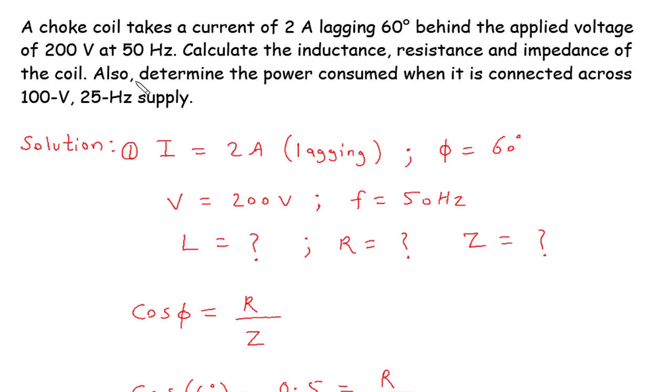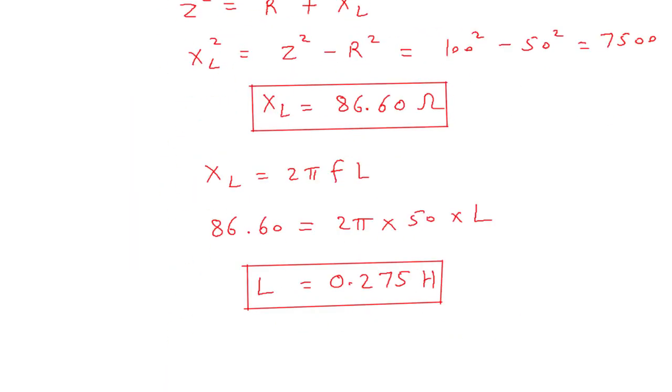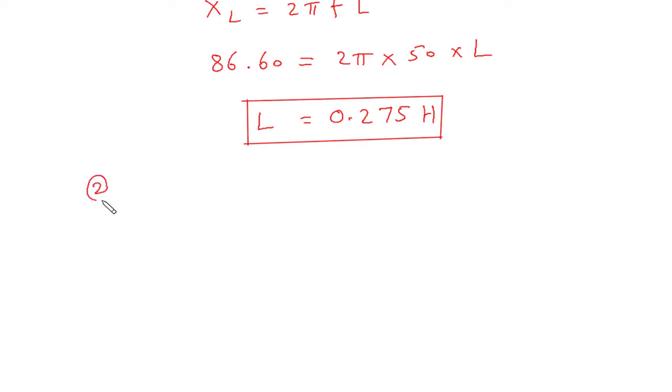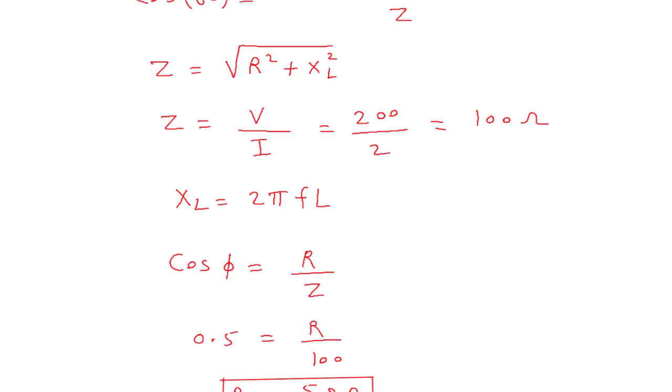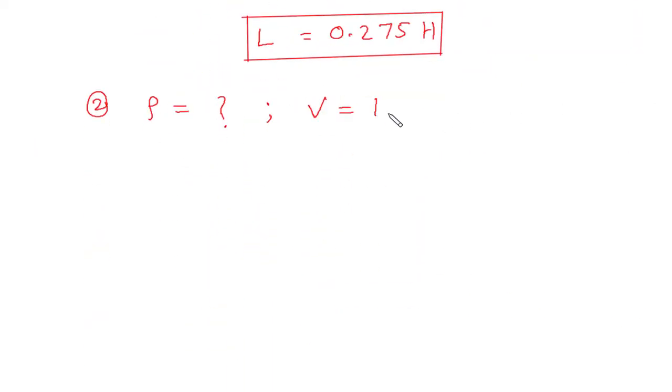Next part is also determine the power consumed when it is connected across 100 volt 50 Hz supply. So next we have to determine power consumed. So it is the second part. Voltage is given. V is equal to 100 volt. And frequency is also given.